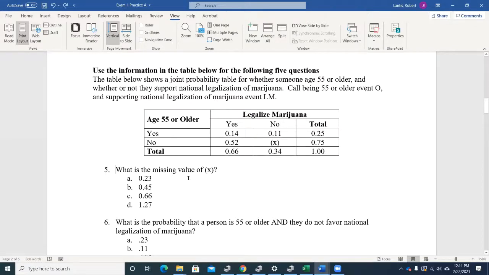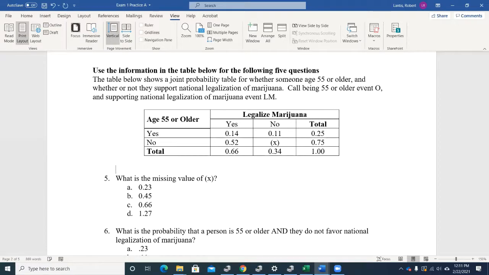So what we have is 0.52 plus X is equal to 0.75. Now from here, just a little bit of algebra. Subtract 0.52 from each side so that X is equal to 0.75 minus 0.52, giving us that 0.23 value. So X there would be 0.23. Any questions on that?